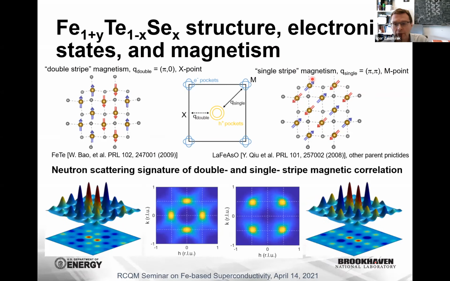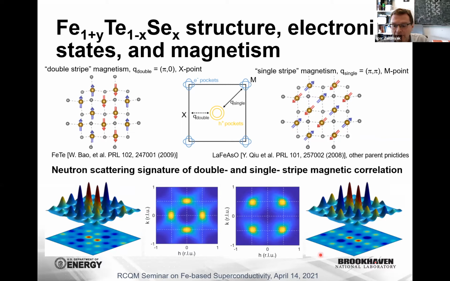Of course, when materials are doped towards superconductivity, the long-range order goes away, and in the doped compositions which are superconducting, the dynamical magnetism persists in the form of dynamical fluctuating short-range correlated patterns, which nevertheless preserve the features of the electronic state observed in the parent phase.